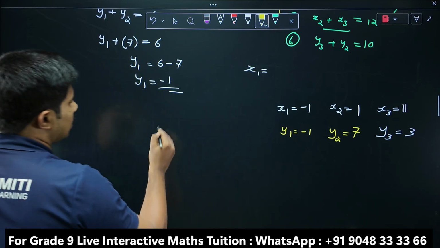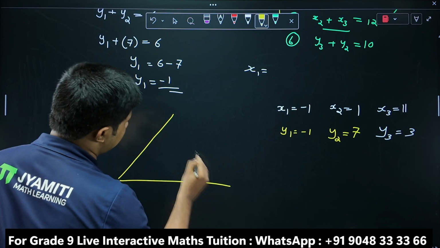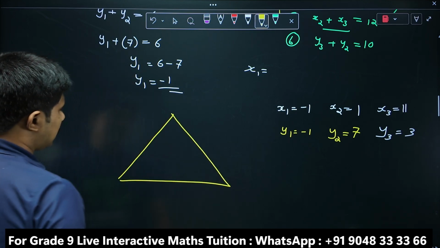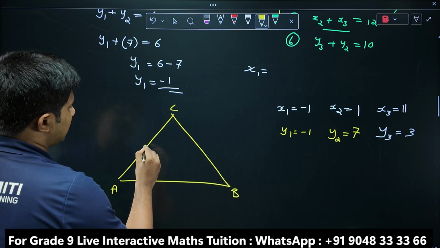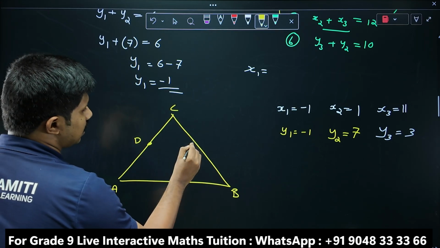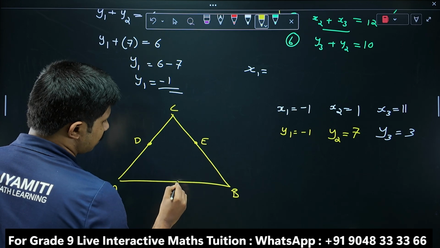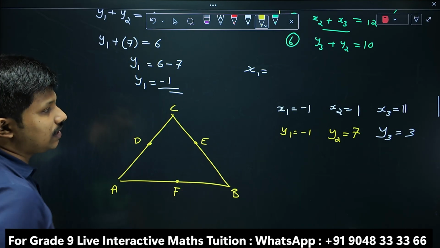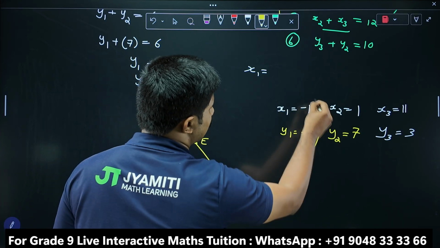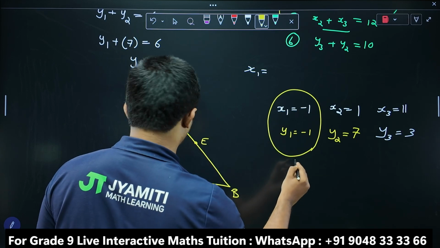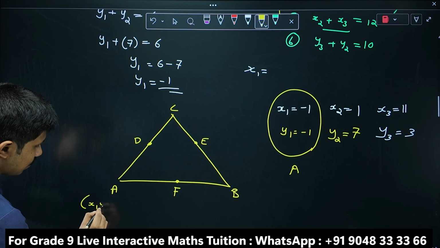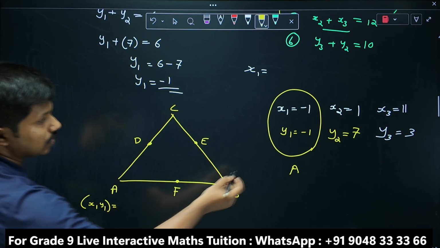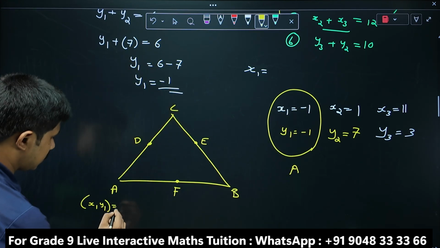So now let's redraw that triangle again. What is that triangle? Triangle ABC and the midpoints are D, E, F. And finally, this is x1, y1. This is the coordinate of A. So x1, y1 is equal to minus 1, minus 1.